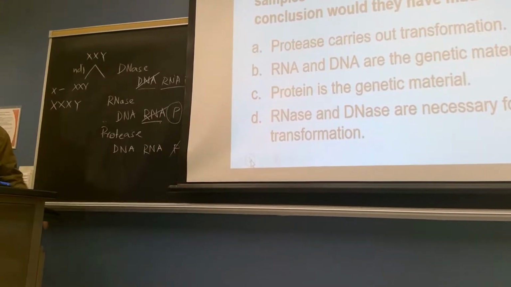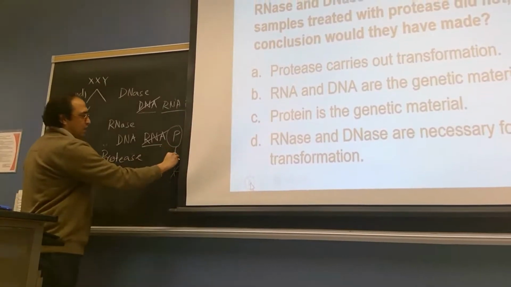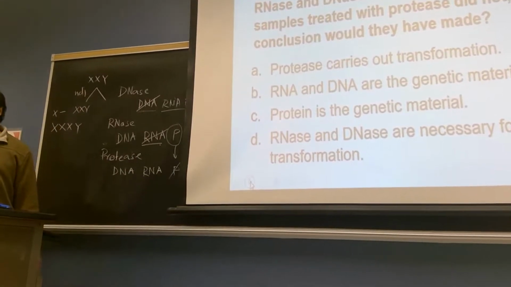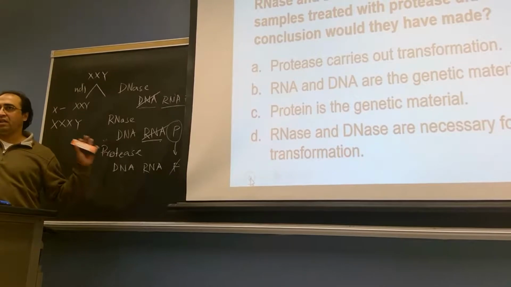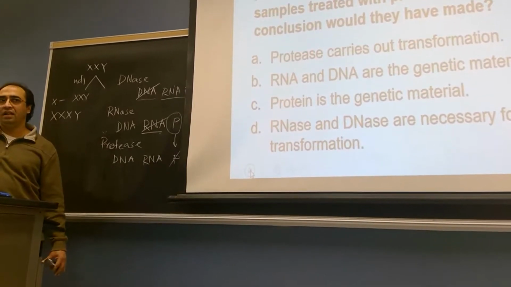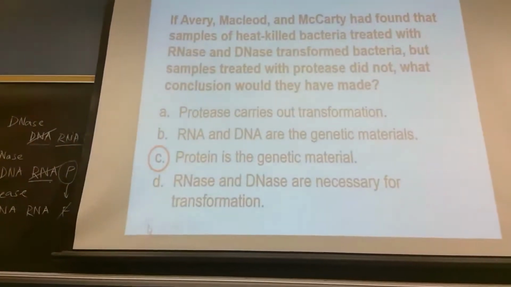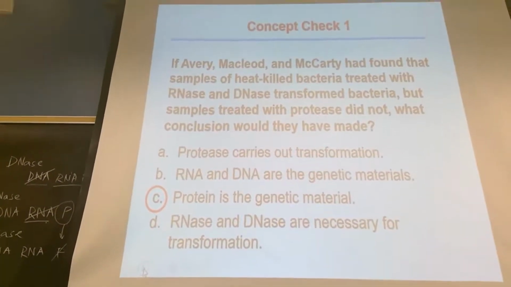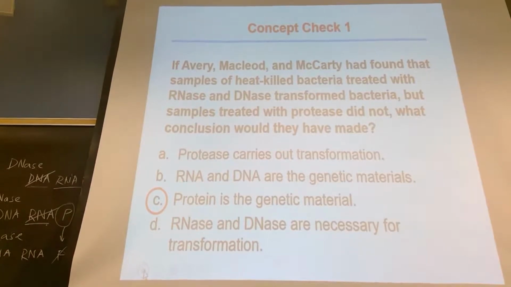Then we are getting the no result. That means it is confirming that it is protein. This is the logical test. Okay. And this is if, not the actual. In actual thing, the DNA is there.